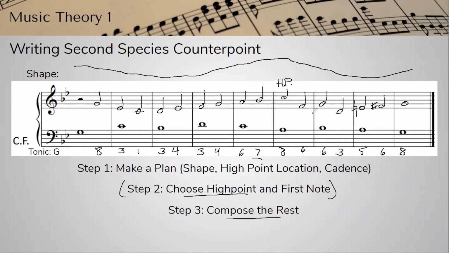Now that I look at this, you could also use that A, which would be contrary motion, which gets you out of that sort of dramatic F. So I'm not sure which one I like better. So here's the one I just wrote. And then if I made that into an F instead, let's see what that would sound like.